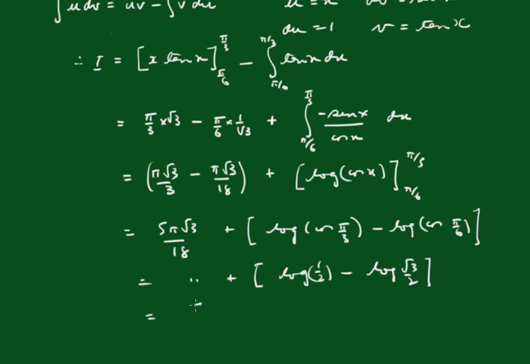So when you put all that together, this becomes invert and multiply, so the 2's will cancel out and you simply get plus the log of root 3. Okay, or if you like, you can write that as 5 pi root 3 on 18 plus a half log 3, but that's okay.